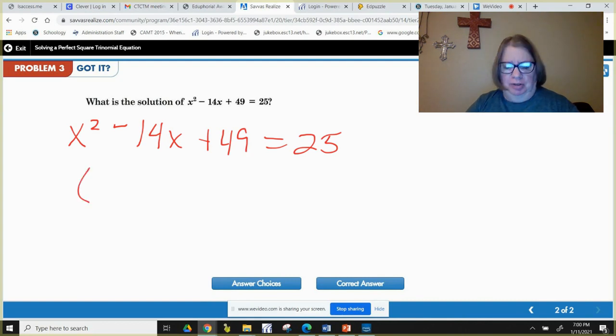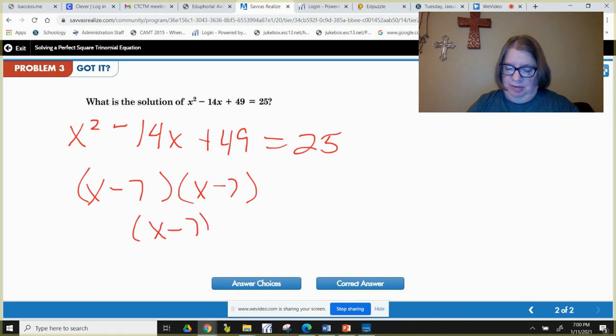What numbers multiply to 49 and add to 14? 7. And because we want a negative 14, that's going to be a minus 7, which is x minus 7 squared. So now we take the square root.